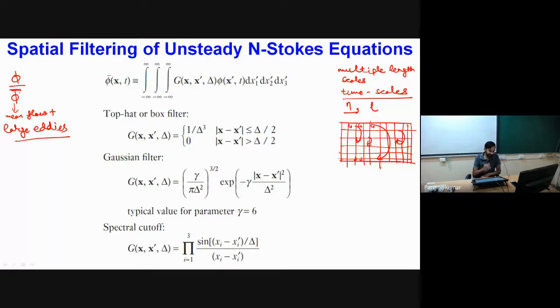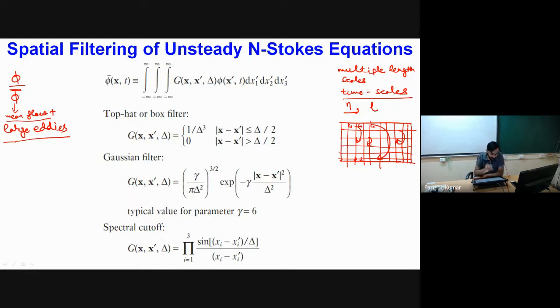Rather, it is a parameter which includes the effect of mean flow plus large eddies. So from our instantaneous parameters we have actually removed the effect of small eddies. Once we remove the effect of small eddies, we get another parameter that we call phi bar, which is different from the phi bar we obtained in RANS simulations.